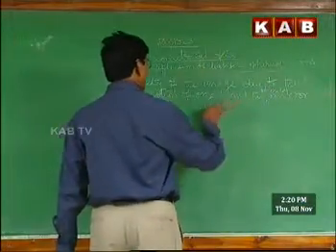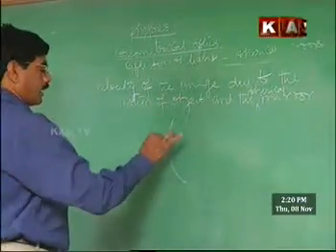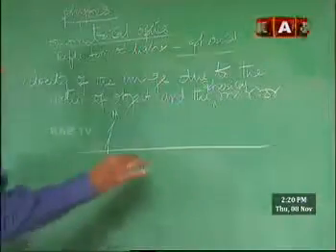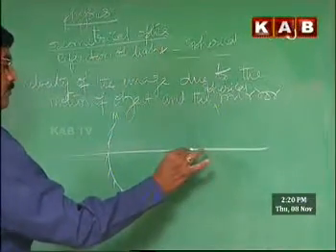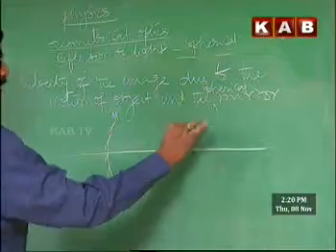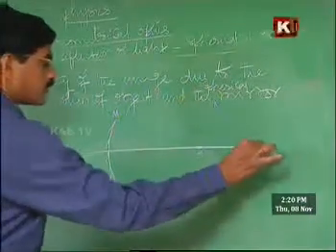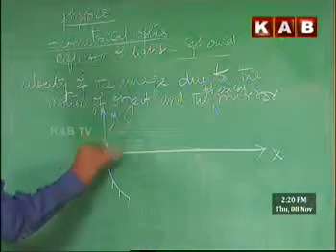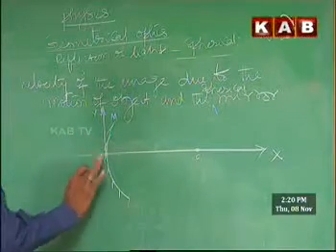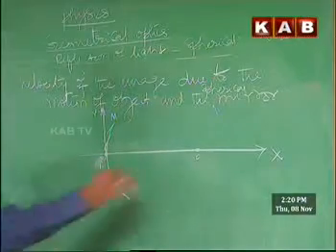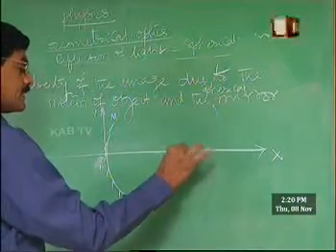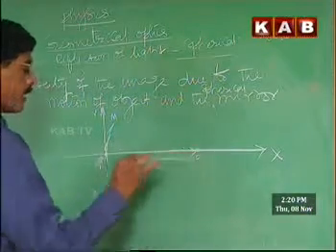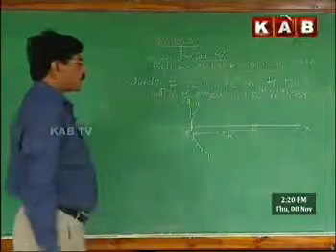So let us consider a concave mirror, call it M, and an object here. Let us assume that this is the x-axis. At a given instant, the mirror pole is located at the origin, and the object is on the x-axis. This is what we call XOM, the object distance from the mirror.